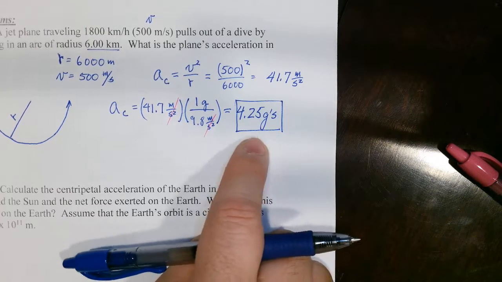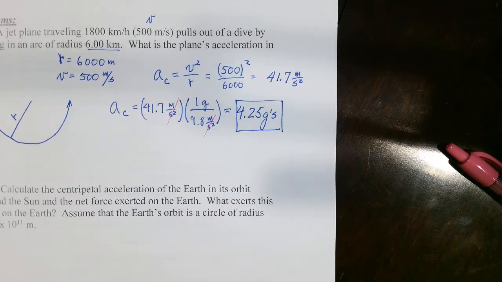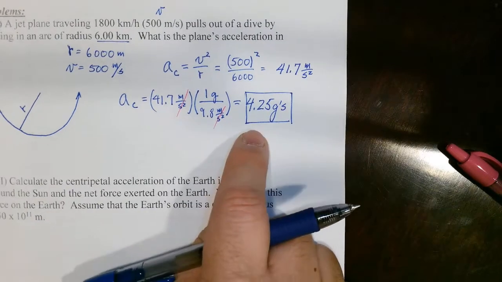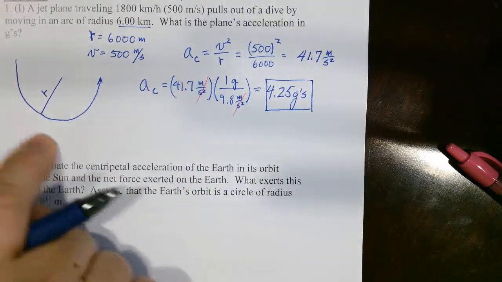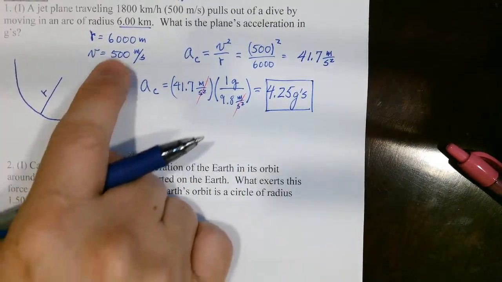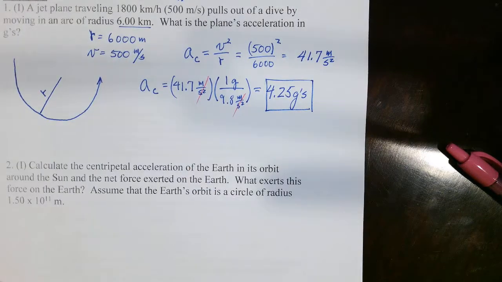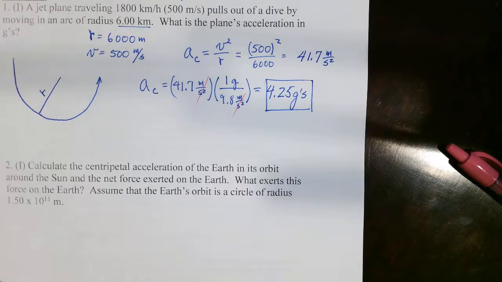You'll have a really hard time breathing, right? That's why they struggle when they come out of a nice turn, and this turn is actually 6 kilometers, and that's a pretty wide turn too. But they'll feel that many G's. Okay.